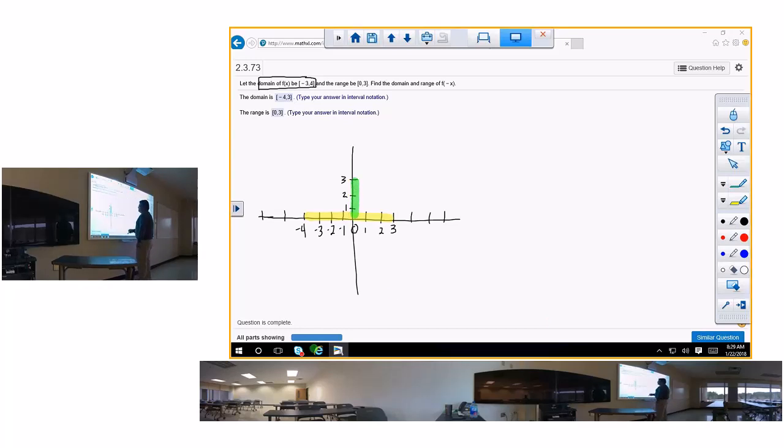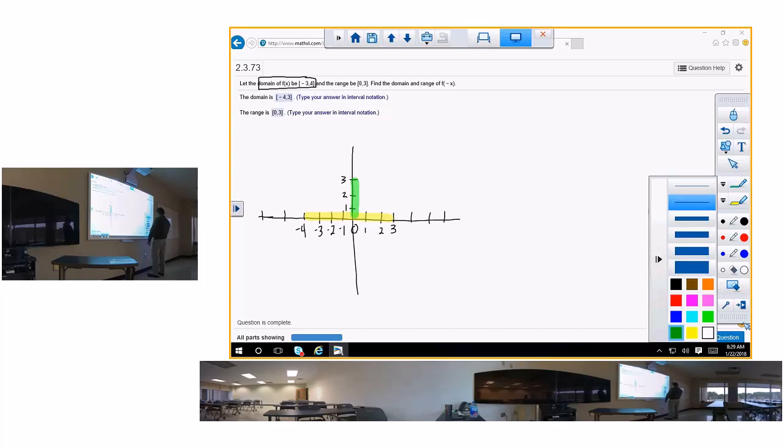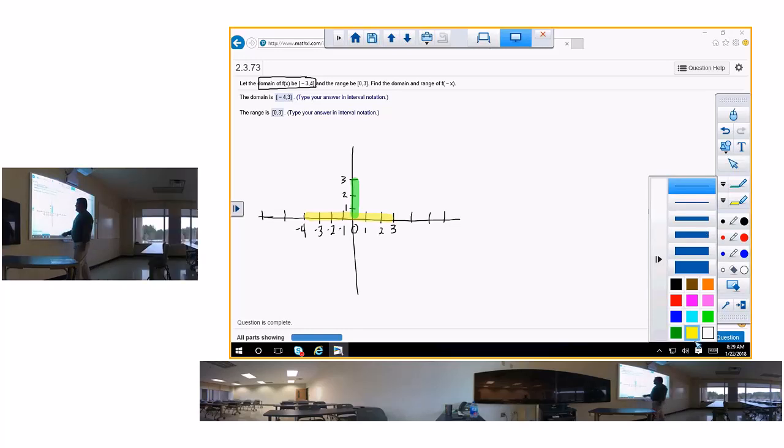So our function, and I'm just going to draw this in a yellow so you hardly can see it.